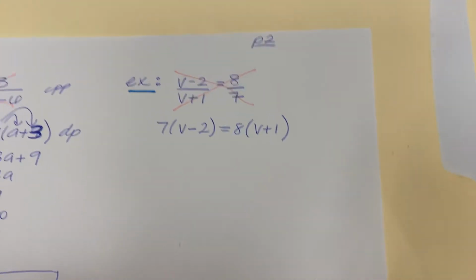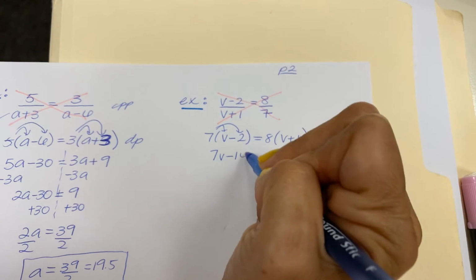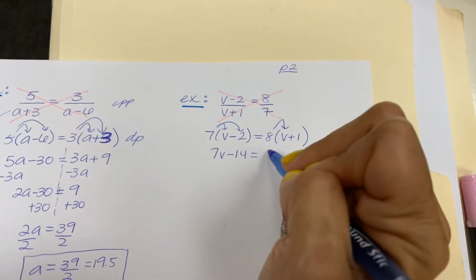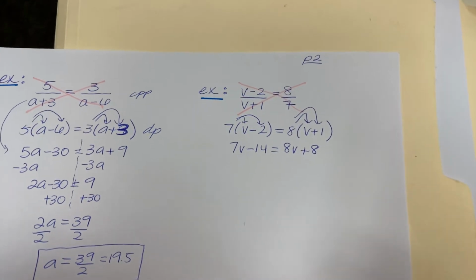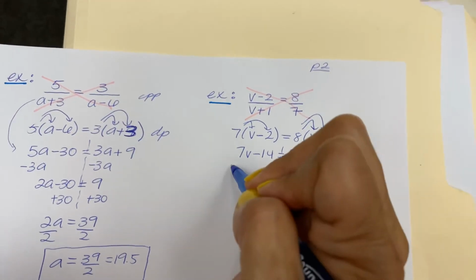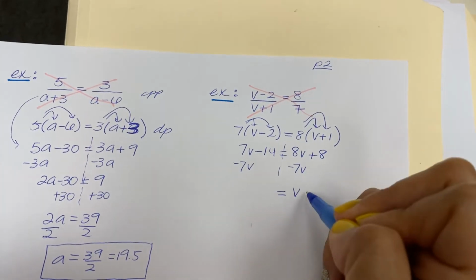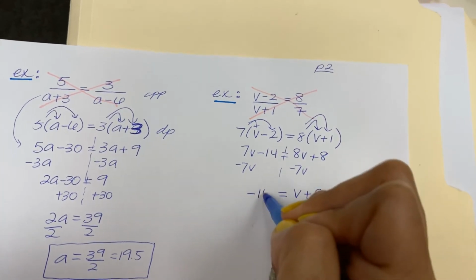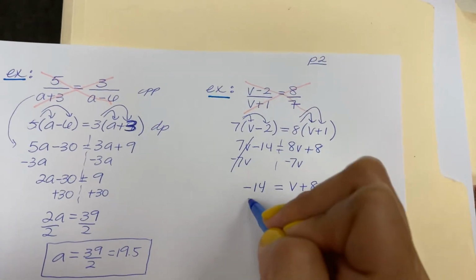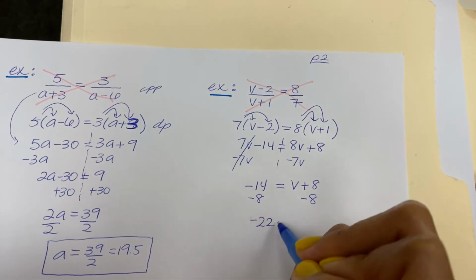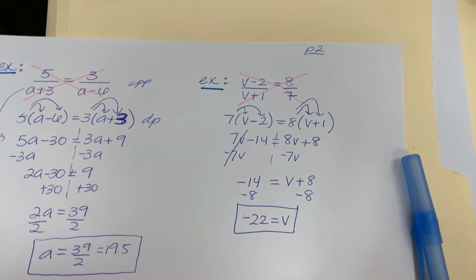Now I'm going to distribute. 7v minus 14. 8v plus 8. And now inverse operate. So I'll take the 7v over here, and I get 1v plus 8 minus 14, because that canceled out. Subtract the 8, and I get negative 22 is equal to v. And there you go.